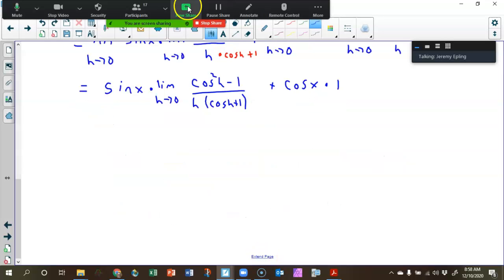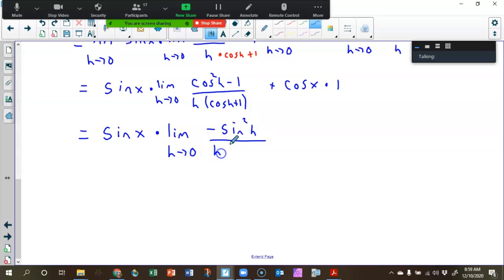Now, that still doesn't have me to my goal, but it allows me to get very, very close to my goal now because of trig identities. I know I've got an identity that sine squared plus cosine squared is equal to 1. So cosine squared minus 1 is negative sine squared. And I'm going to go ahead and multiply cosine of x times 1.